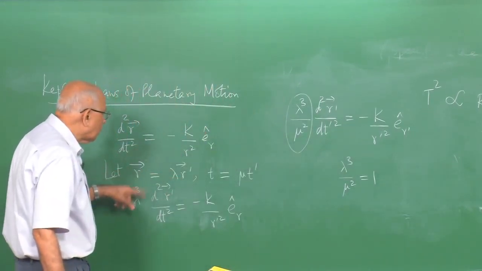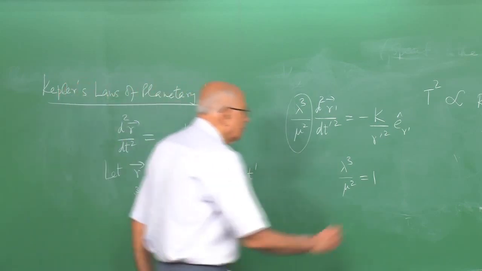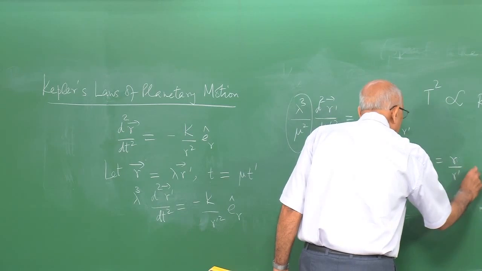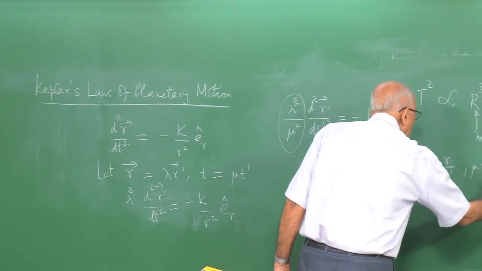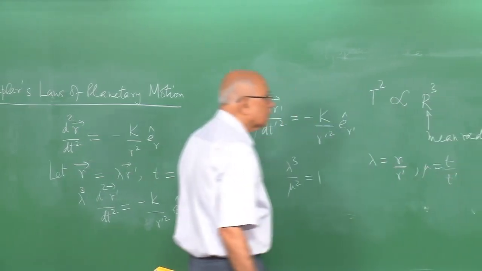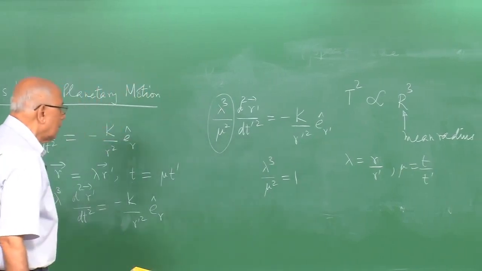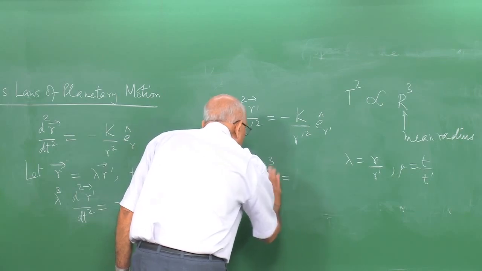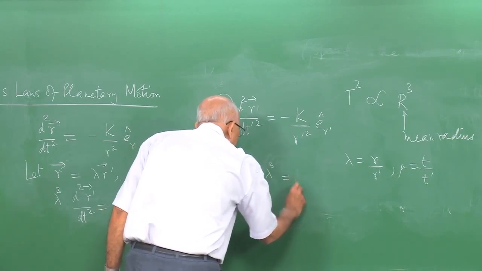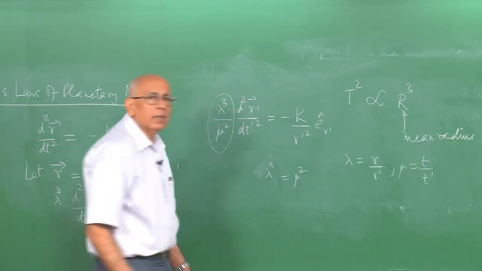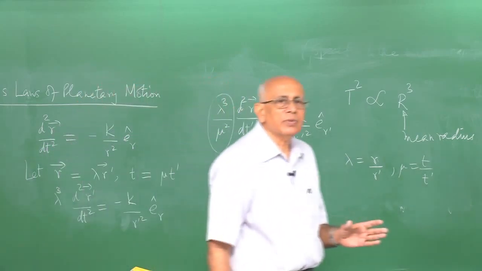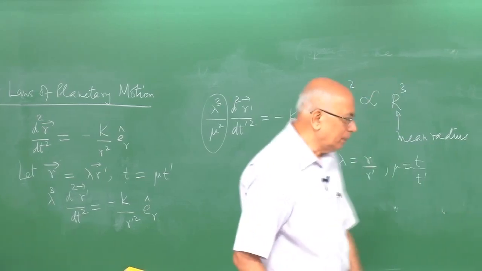It's r over r prime, and mu is t over t prime in this case. Lambda cubed equal to mu squared will ensure that the physics of this problem is independent of the choice of scale in length and time.